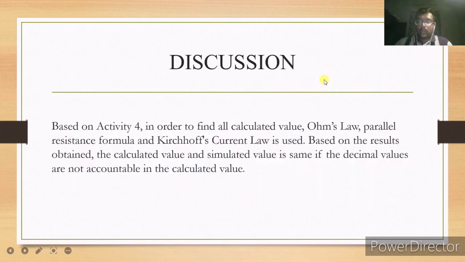So what can we say from this activity 4? Based on this activity 4, to find all the calculated values, Ohm's law, the parallel resistance formula, and Kirchhoff's current law are used. Based on the result obtained, the calculated value and the simulated value are the same if the decimal values are not accounted for in the calculated value.